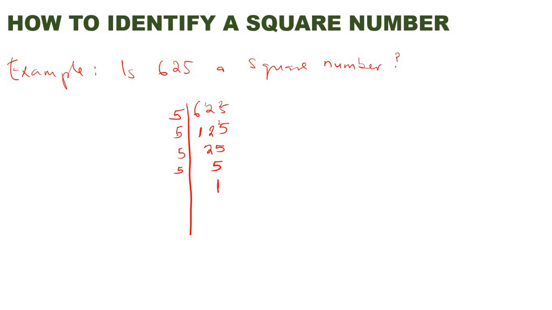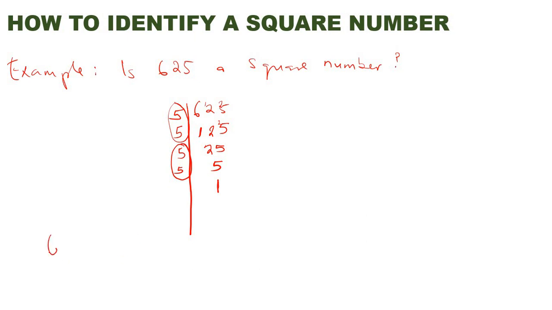Now if we compare these prime factors, it means that the number is a square number. You can take these 2 by 2. If you can take them 2 by 2, it means the number is a square number. So since I can have them 2 by 2, that means this is a square number.